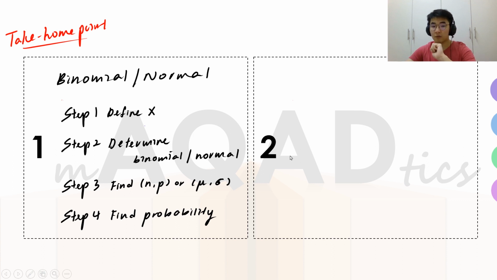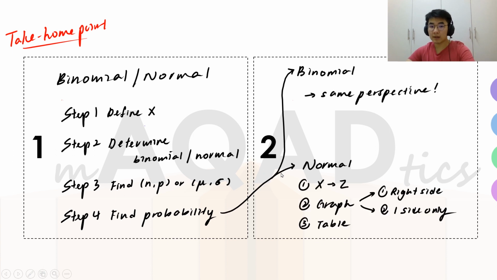So this brings us to the second take home point, the things we need to take note of when finding probability. So for binomial, make sure the question's perspective and our perspective is the same, otherwise we cannot find, right? And for normal distribution, we need to follow this tree. Okay, so the first thing is to standardize our values from x to z using the formula. The second one would be to draw our graph, the probability distribution graph, or the bell-shaped graph, right?